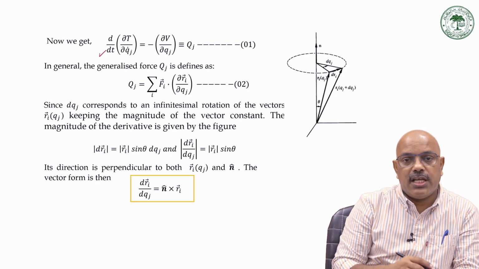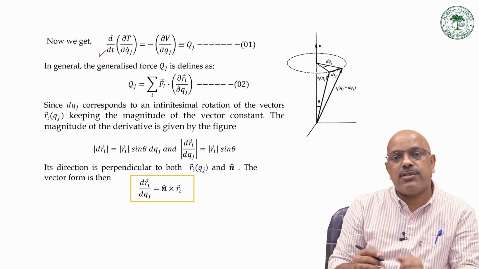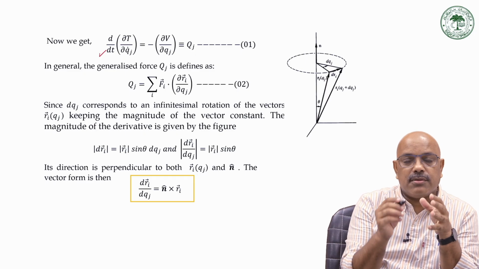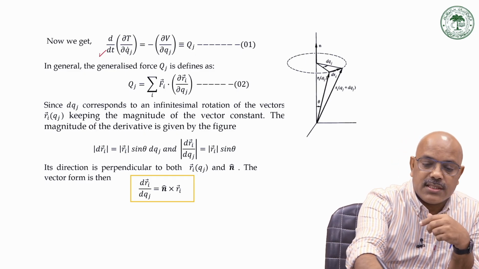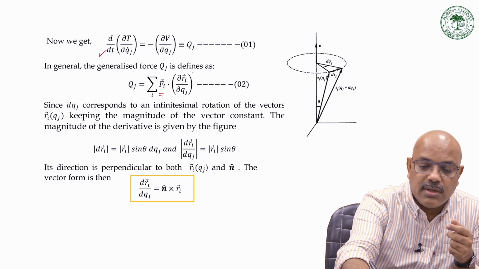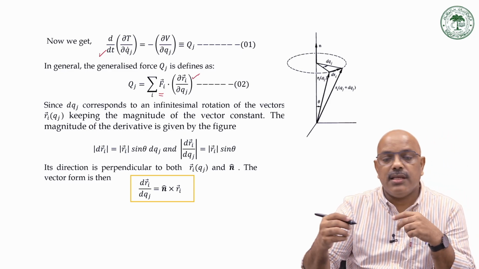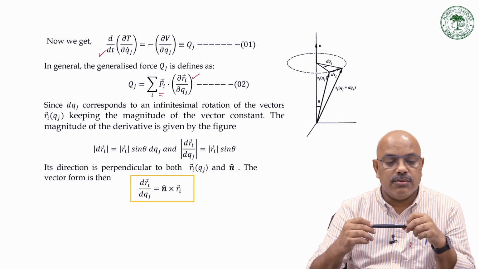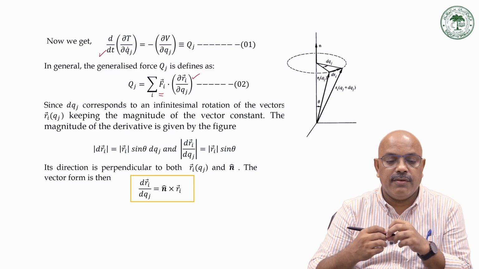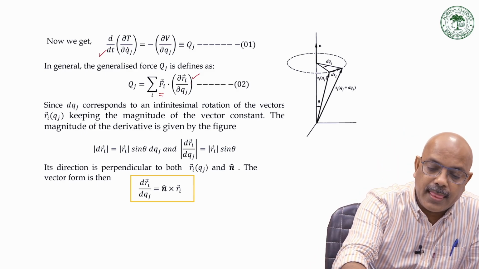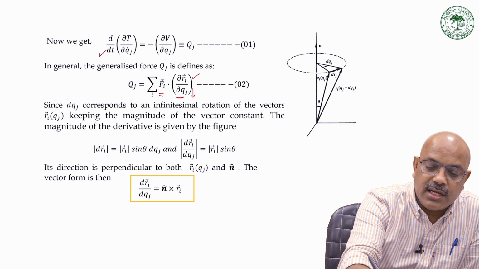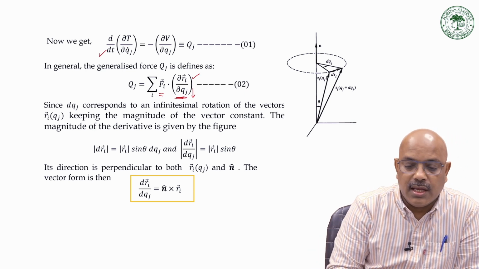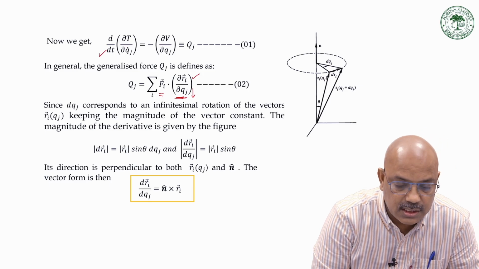And you know how you define the generalized force: the forces which are acting on the system, times delta R by delta Qj. So now our motive is to find out what delta R by delta Qj is. That means if the system is rotating, what is delta R by delta Qj?